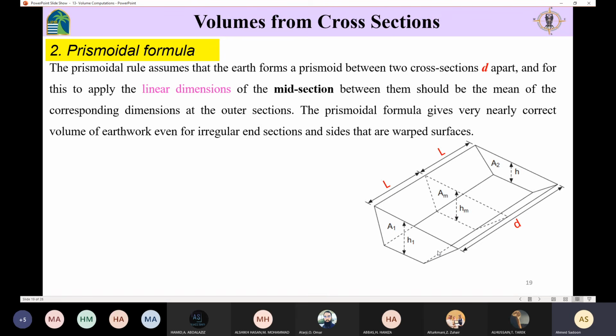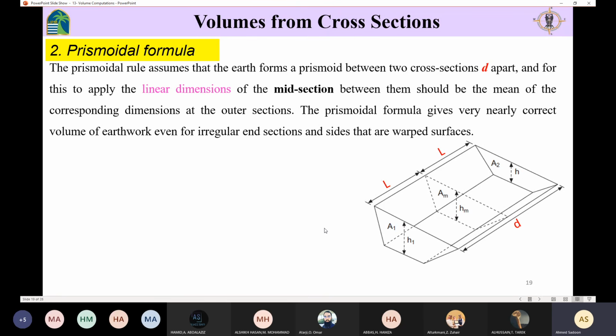In order to apply this method, we need to form something called a mid-section. The mid-section here should be formed. We call this AM, the mean area.